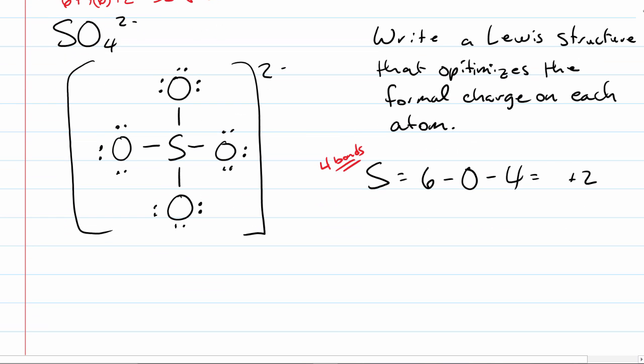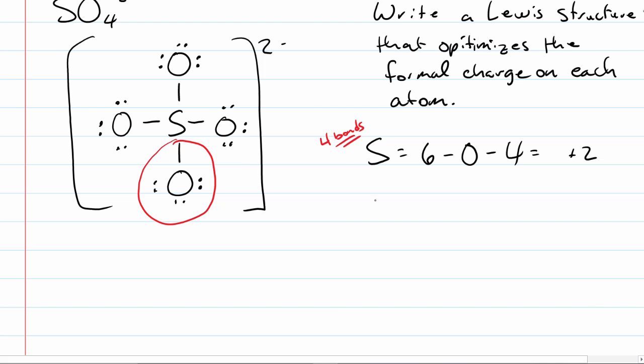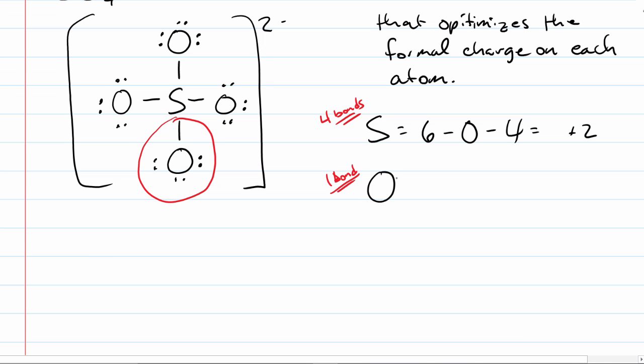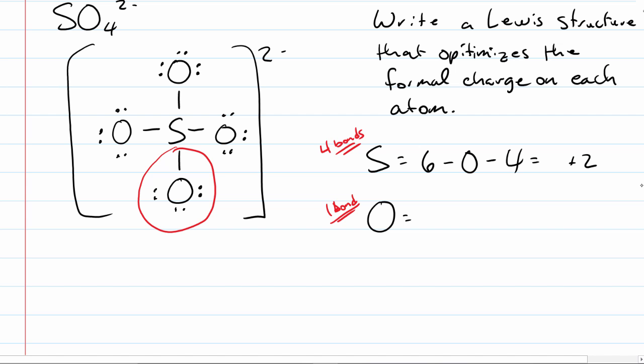Then we can calculate the formal charge of an oxygen atom, right here. This oxygen is forming 1 bond. With 1 bond, we follow the formula, which says we take the number of valence electrons in a free atom.